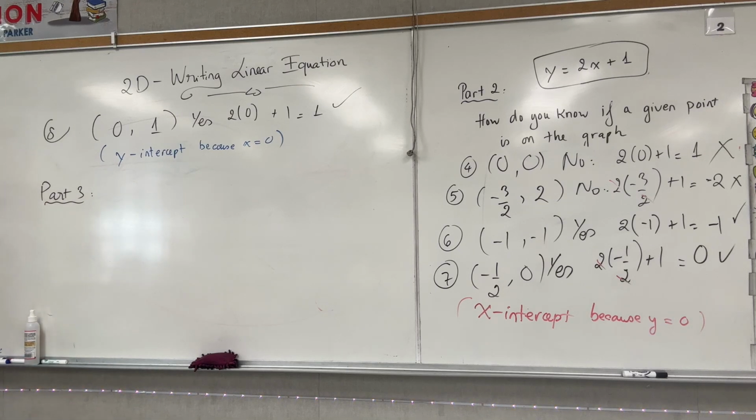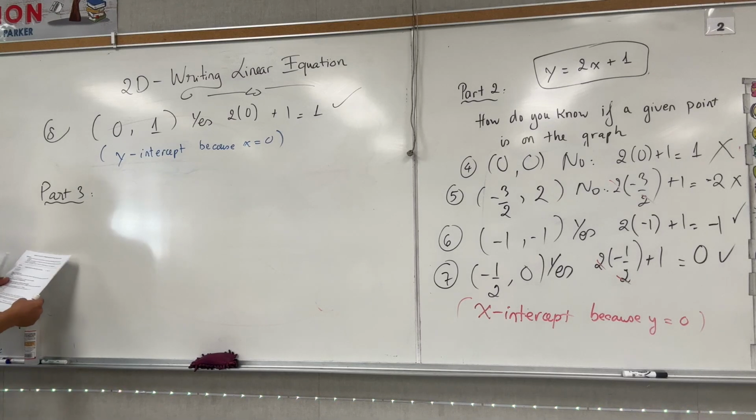It's not original. I'm going to tell you why they came up with this. We need to know the slope and the y-intercept, right? What if the problem doesn't give you the y-intercept? Then this is the new form that you can use. Let me give you a sample.